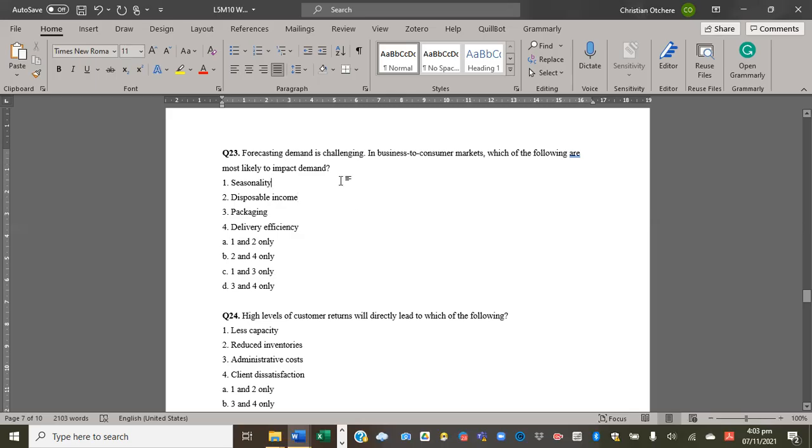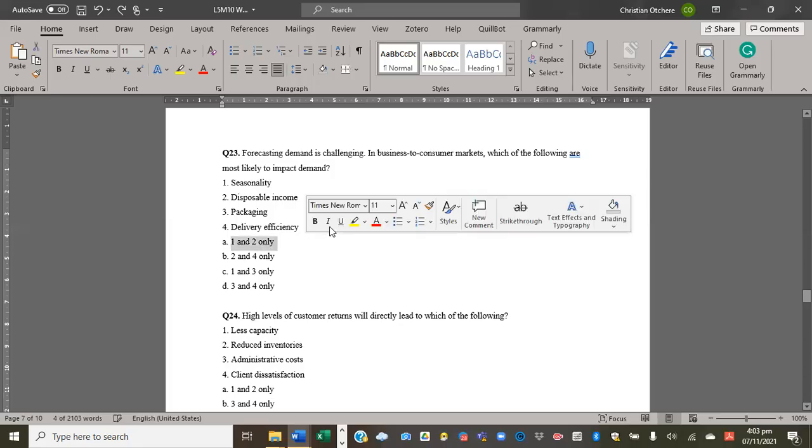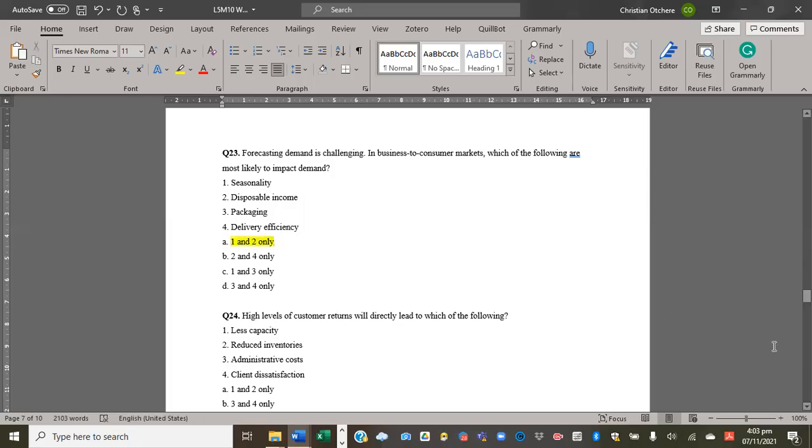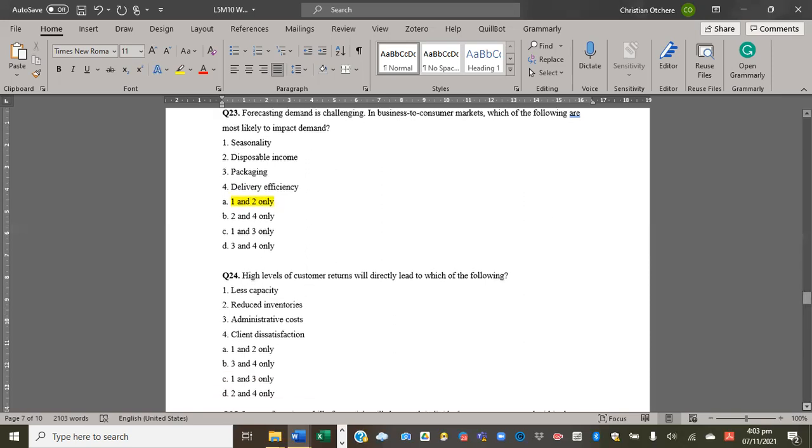So seasonality. Yes, there's a time where demand increases and a time where demand decreases. In the rainy season, demand for umbrellas increases. But in dry seasons, our demand for umbrellas is low. Disposable income, like Cosmos rightly explained, also influences demand. So 1 and 2 only will be correct.